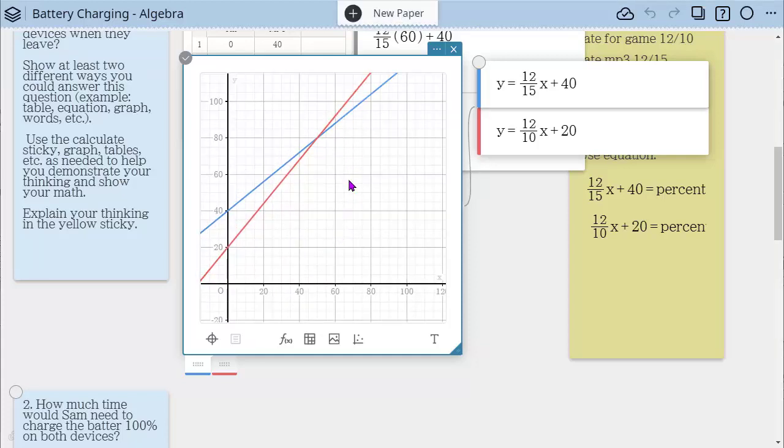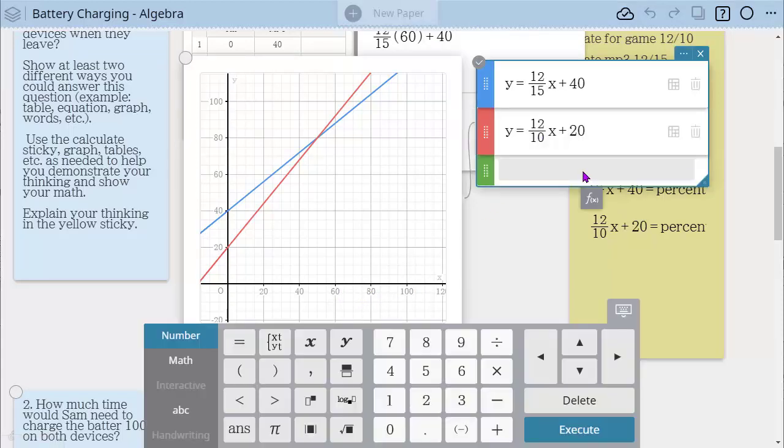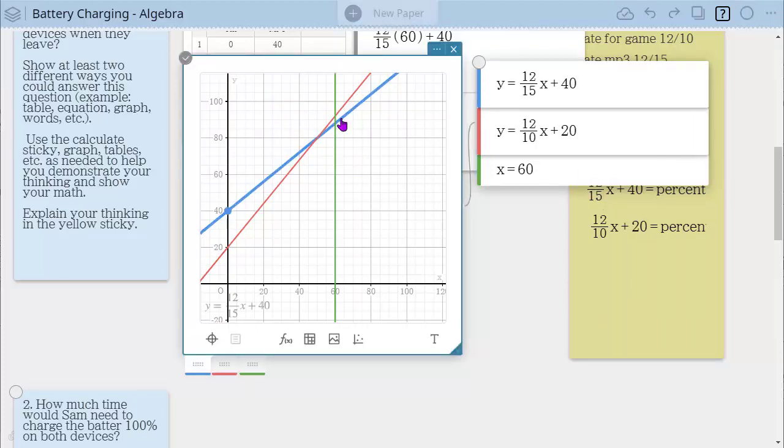So I could say, where is the graph at, what am I looking for? 60 minutes. So we're looking for 60. So maybe then I even graph X at 60, because X represents time. So I see the intersection of those two. So here is where it's crossing the blue line, and that's at 88, and here's where it's crossing the red line.